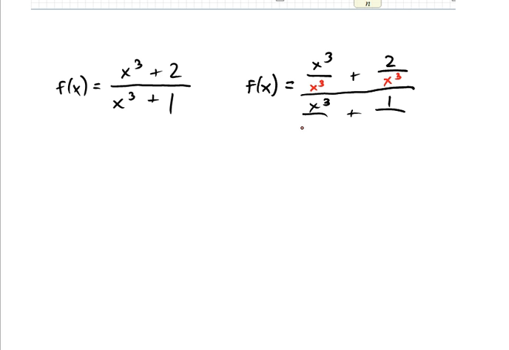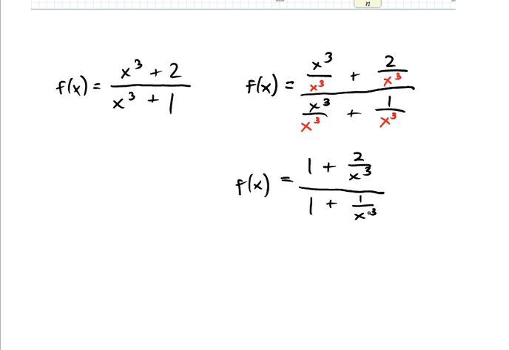Why x to the third? I chose the largest exponent available, and I'm going to divide everything by that. What I end up with is f of x equals 1 plus 2 over x to the third, over 1 plus 1 over x to the third.